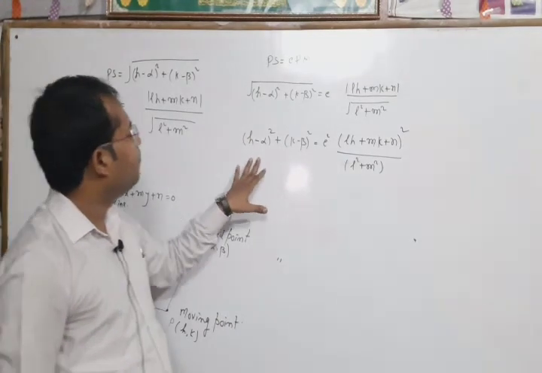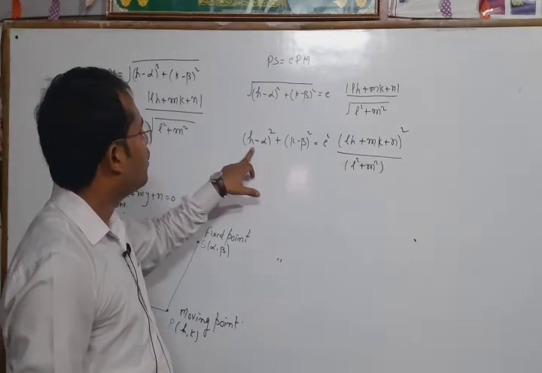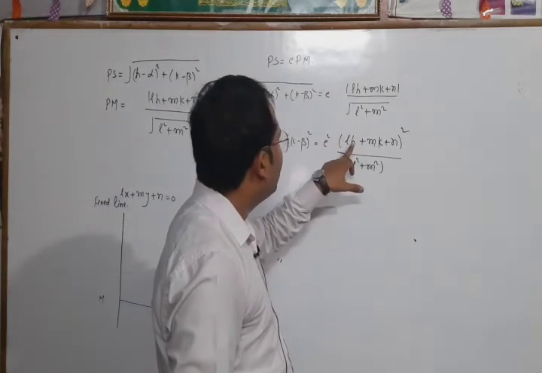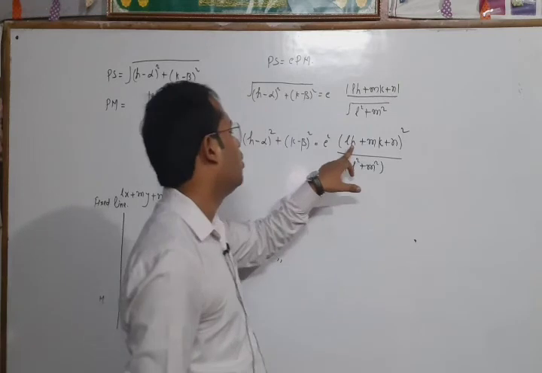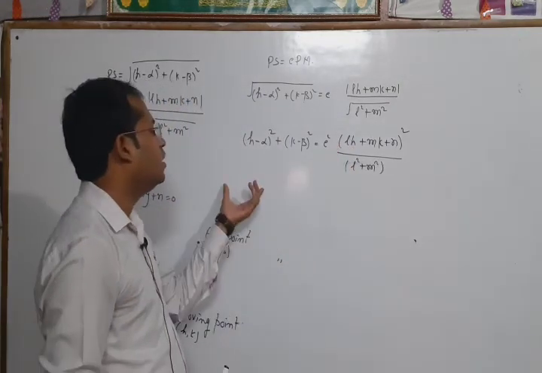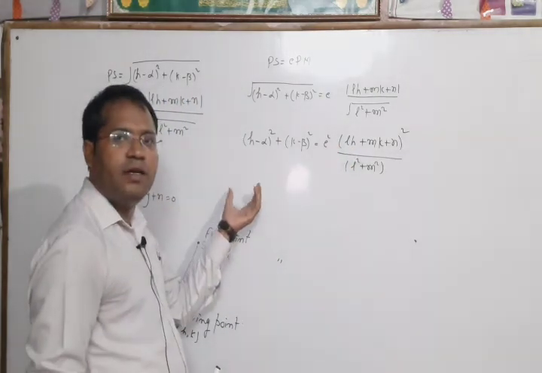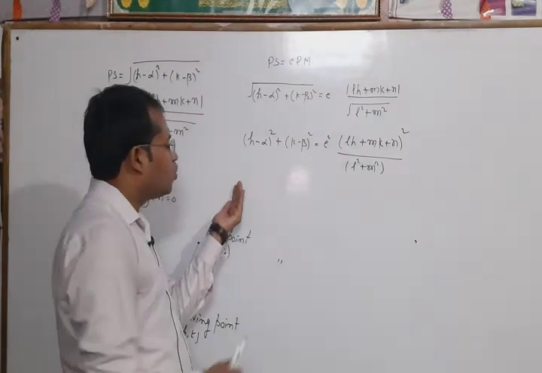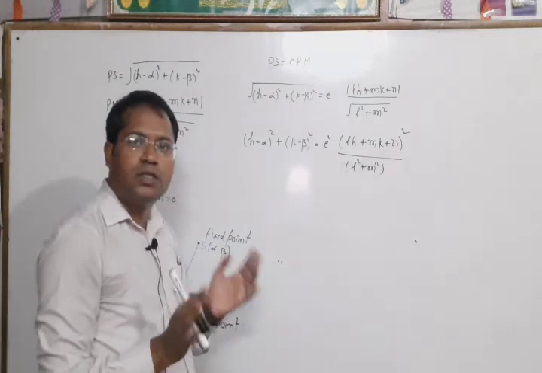Here you can see that we get a term of h square on this side, and also in this case we get a term of h square. Take all h square terms on the left side, then take common h square. After taking common h square, all the remaining part is constant.